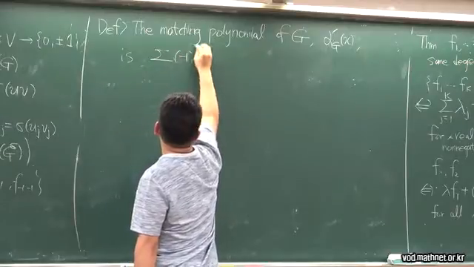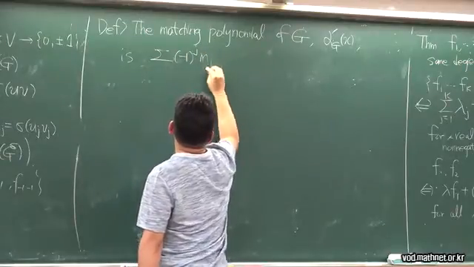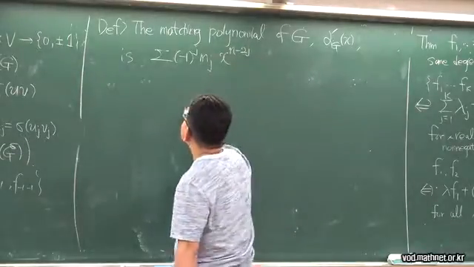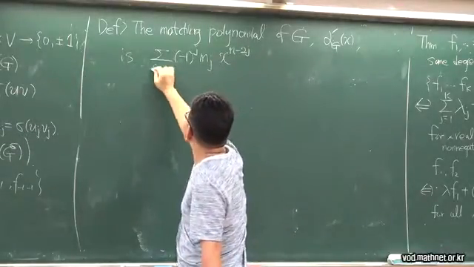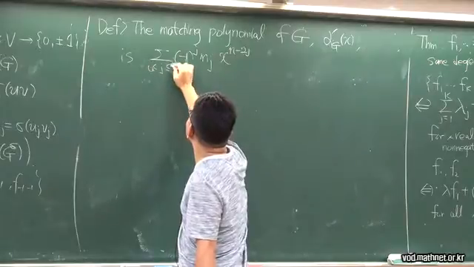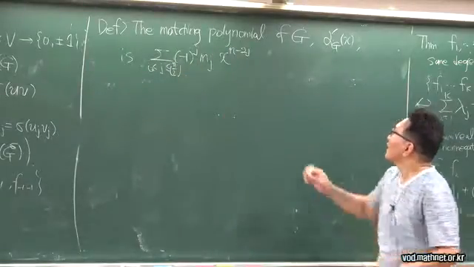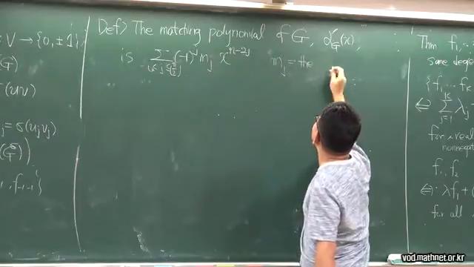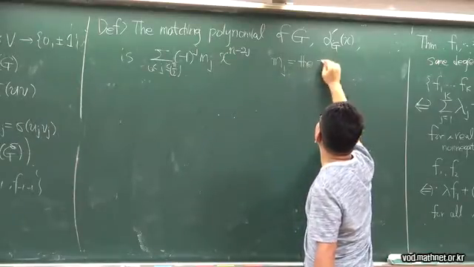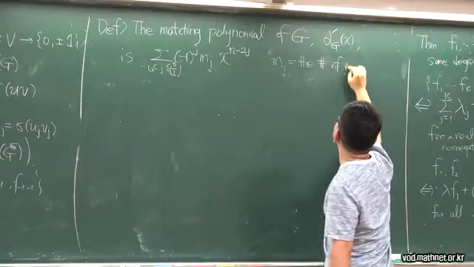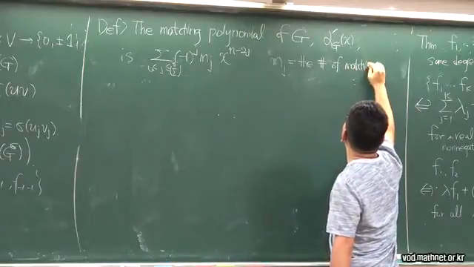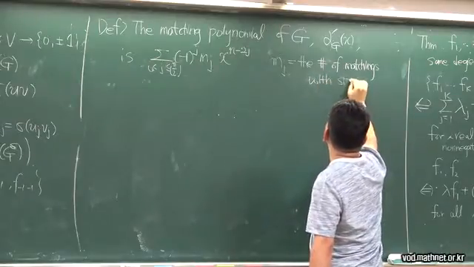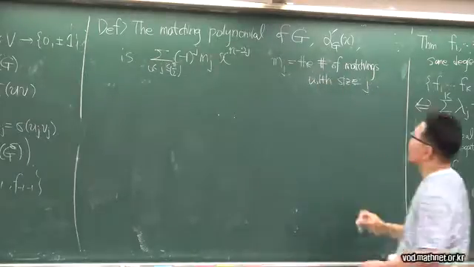So this is the sum of minus 1 to the j, m sub j, x to the n minus 2j. And m sub j is the number of matchings with size j.